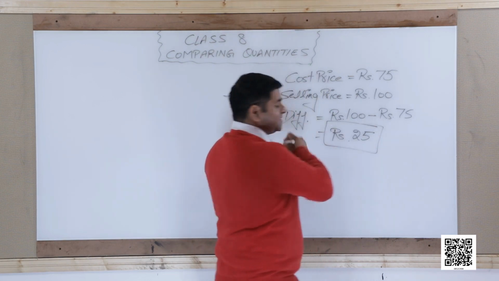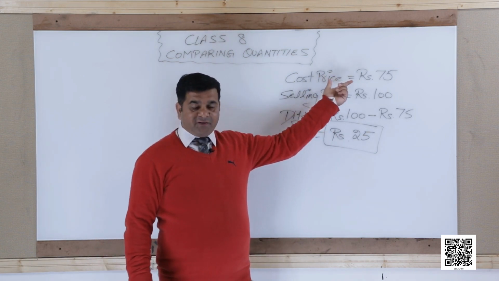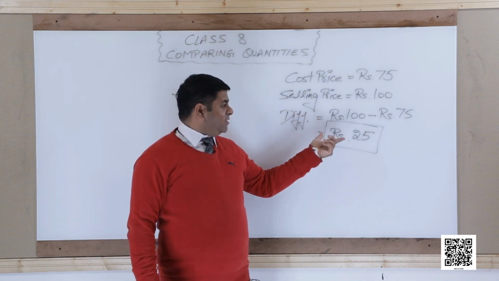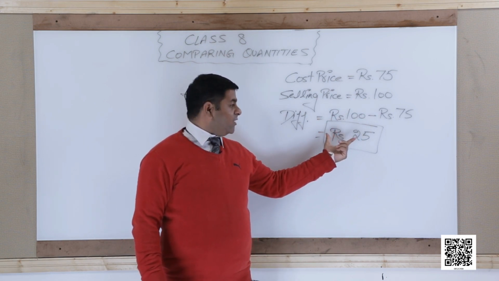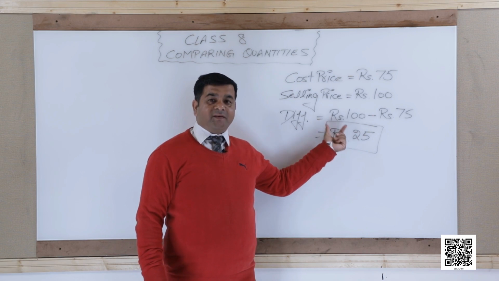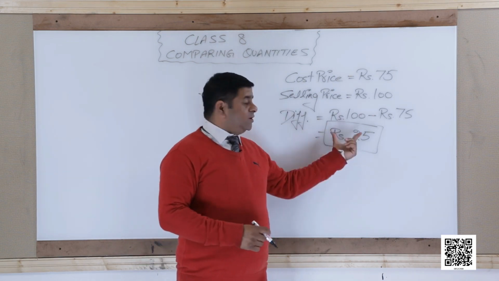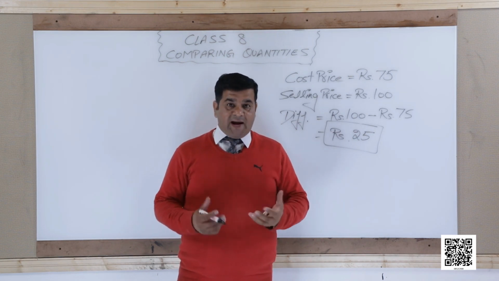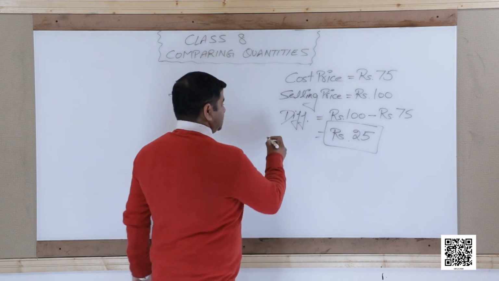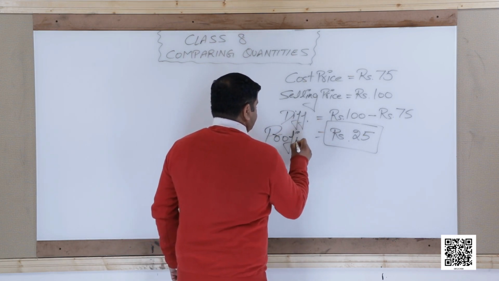Now students, see, I purchased the pen for rupees 75, sold it to my friend for rupees 100 and I got extra rupees 25 from that pen. Now this rupees 25 is my gain or my profit. So this is called my profit.